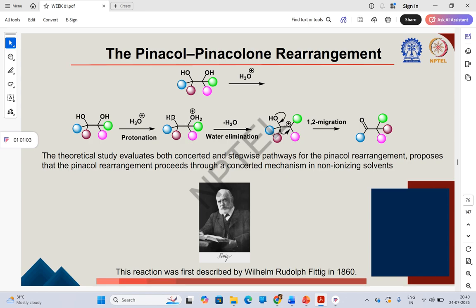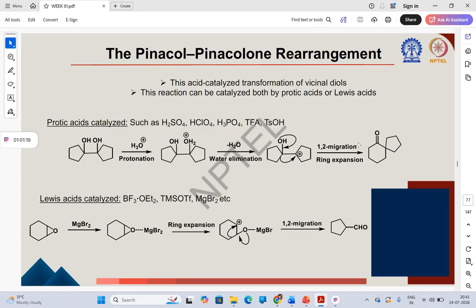After that, the oxygen lone pair will push here, and migration of the group will take place on this carbocation, and it will give a 1,2 migrated product, a ketone. These are a few examples where we can see ring expansion. In this case, protonation takes place, then H2O elimination followed by alkyl migration takes place this way, and it will give a six-membered ring, right?